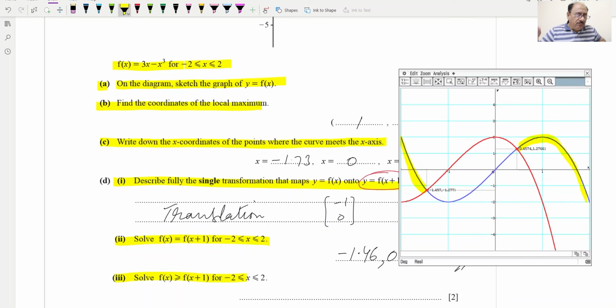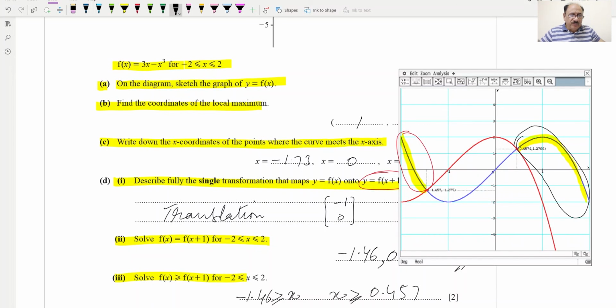So x should be less than minus 1.46, which is this section we are writing, and our equation will be x is less than or equal to minus 1.46, and the second section will be this section, which is x should be greater than or equal to 0.457.